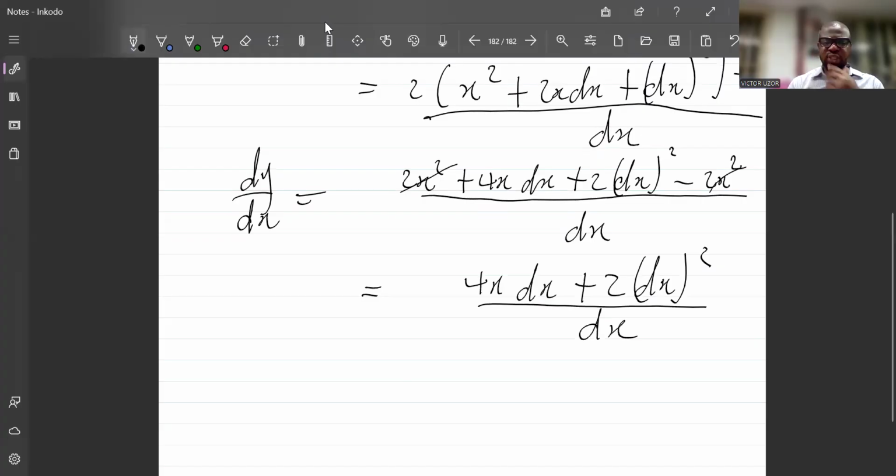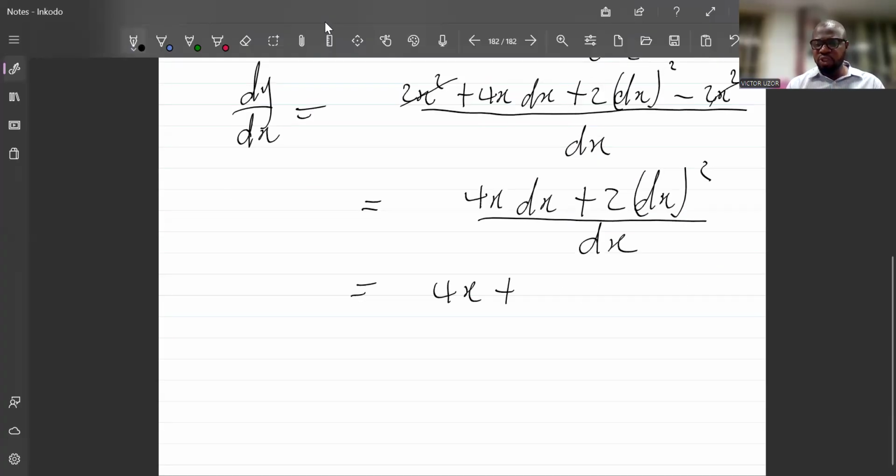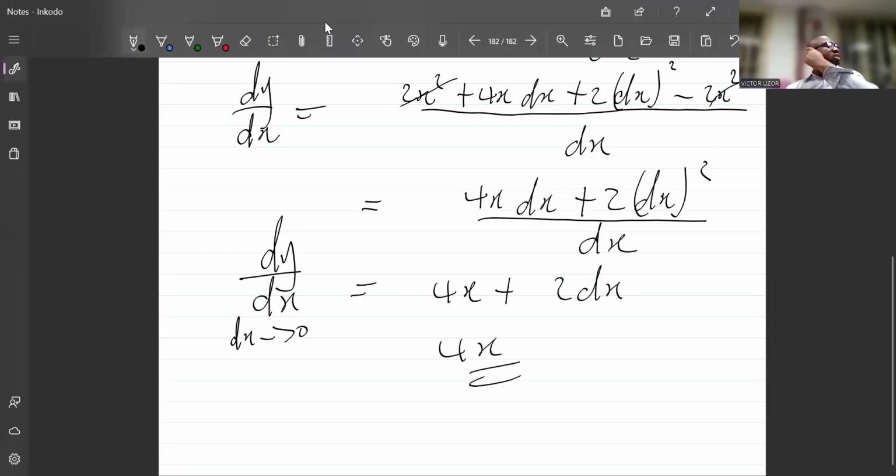If I divide both sides by dx, I will have 4x plus 2 dx. So now, as dx approaches 0, we now have 4x. Just like we are expected to solve this equation.